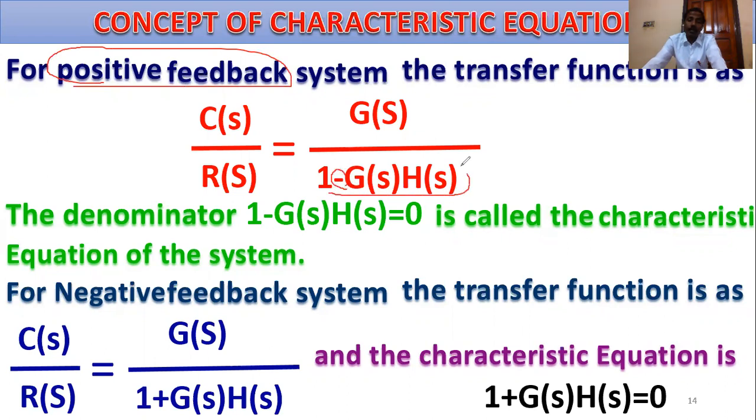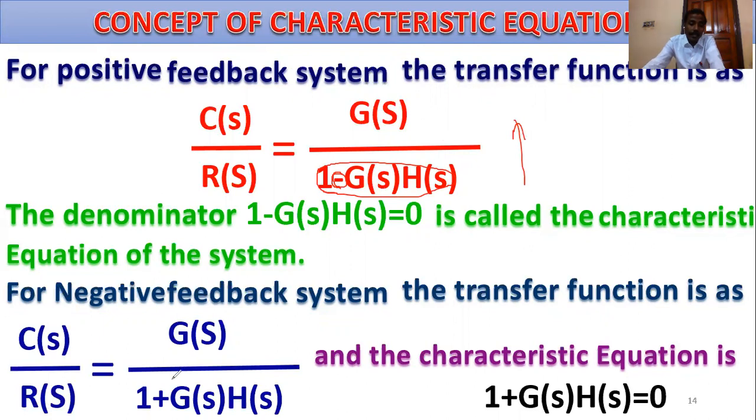That's why 1 minus G(s)H(s) is a low value, so the ratio G(s) by 1 minus G(s)H(s), that is the C(s)/R(s) ratio, the transfer function ratio or efficiency ratio, is high.